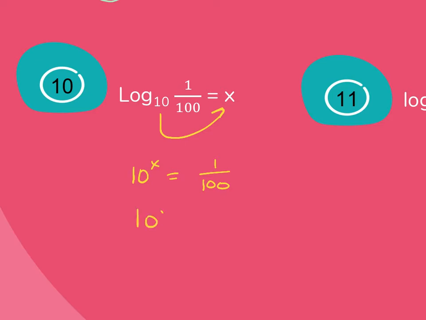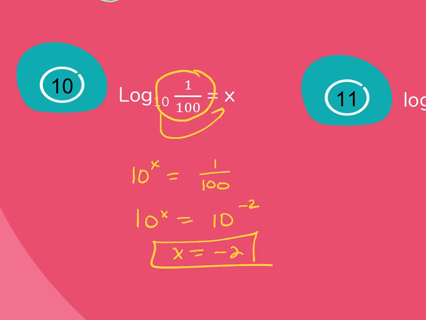I can make 1 over 100 into 10 to the negative 2, and then x equals negative 2. So again, eventually we'll get so good that we'll look at this and say, how do I get 10 to be 1 over 100? Well, I know I get 100 by squaring 10, but it's got to move to the bottom, which means it's negative 2.